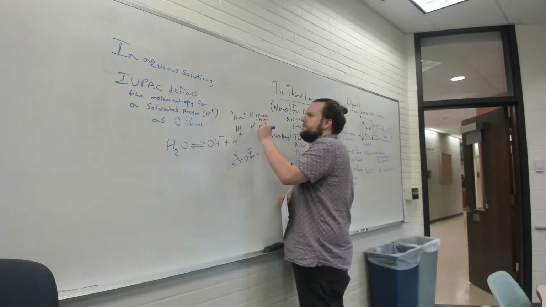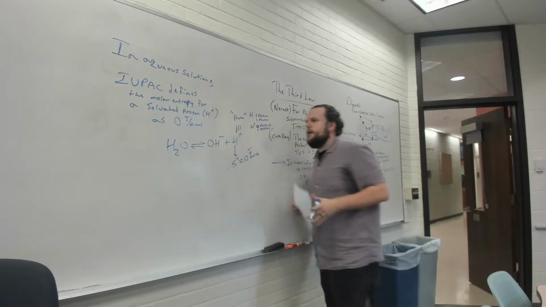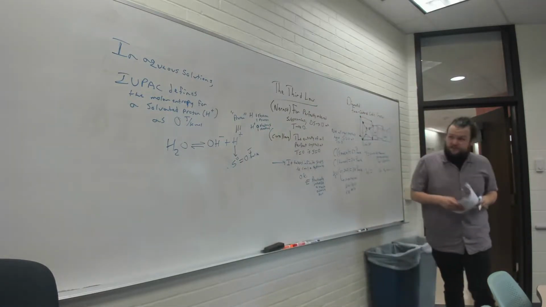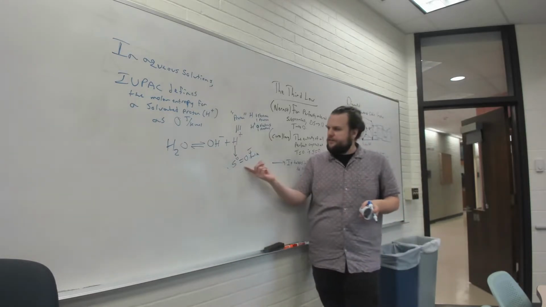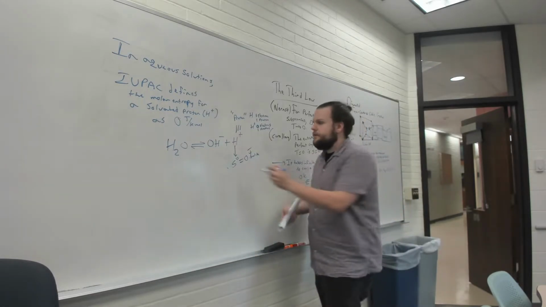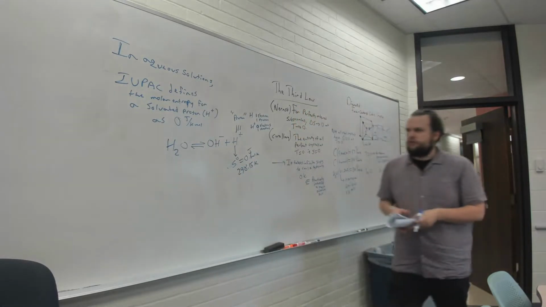So H plus is 0 electrons and 1 proton. Often I'll call H plus a proton because that's all it is. So the standard for a solvated proton is 0.0 joules per mole per Kelvin at 298 Kelvin.